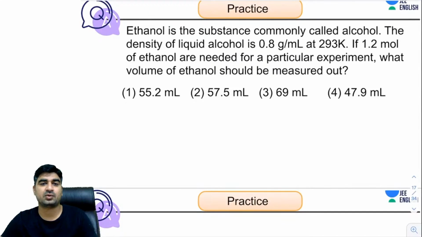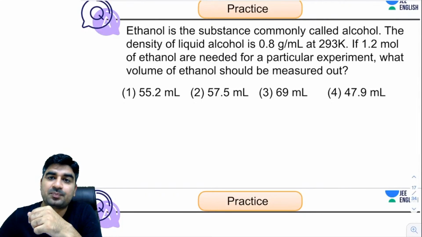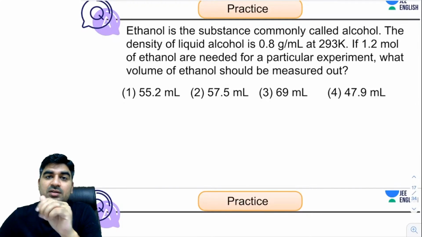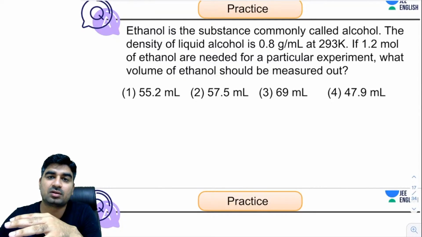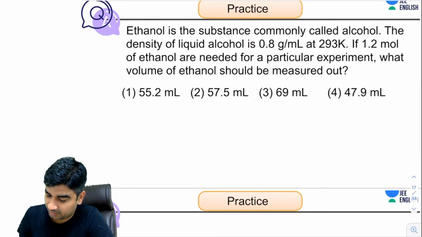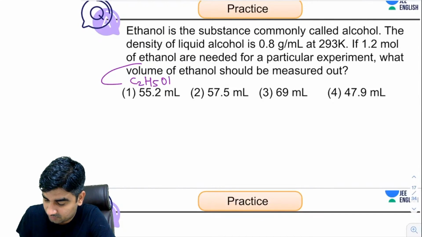Just use the approach I told you. Now solve it. Now ethanol is the substance commonly called alcohol. The density of liquid alcohol is 0.8 gram per ml. And if 1.2 mole of ethanol, okay, let me tell you the formula for ethanol, C2H5OH.